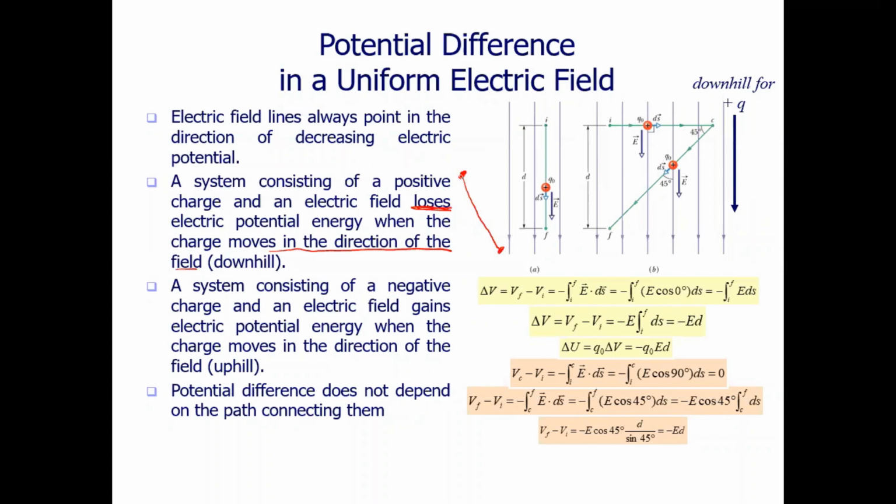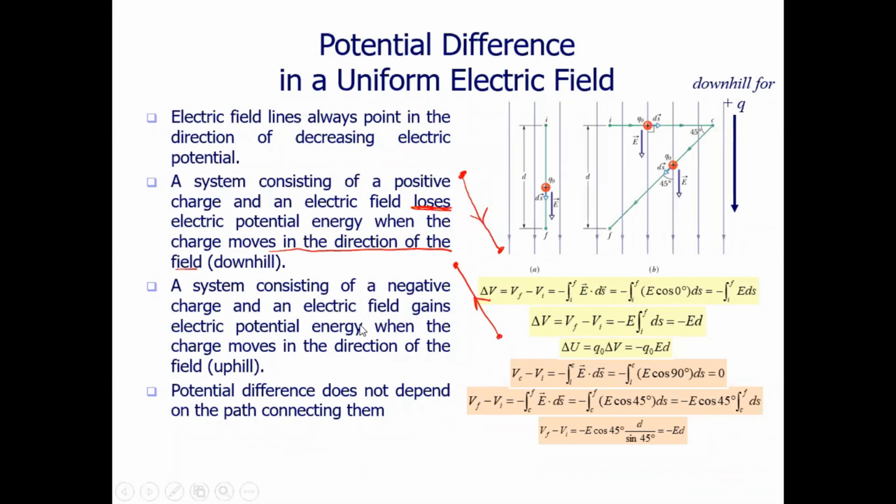If it is a negative charge, now try to relate what we are explaining here to what was in that question. If it was a negative charge, then there is an increase in the potential energy.